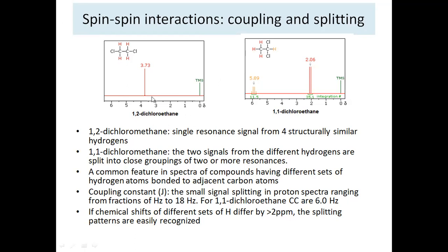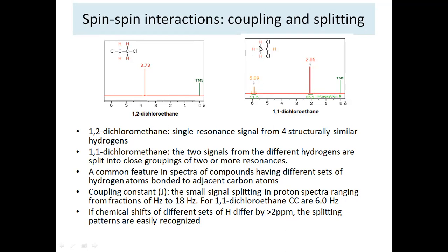Is that clear? Now look at this other structure. In 1,1-dichloroethane, you will find that there are two different types of hydrogen atoms. One type is bonded to the carbon, that is 1, 2 and 3 hydrogens, which are shown in red color. They are all similar.